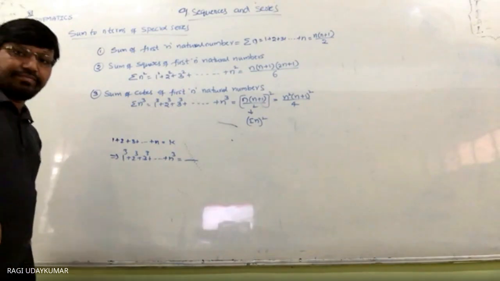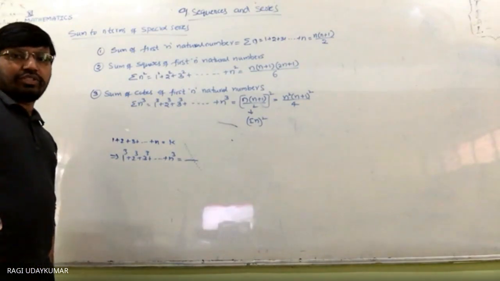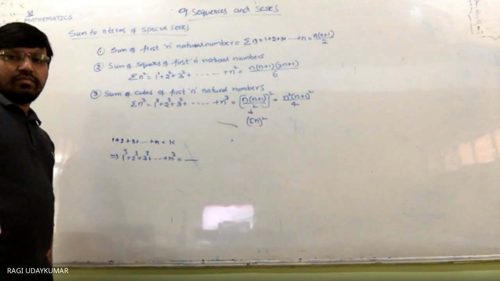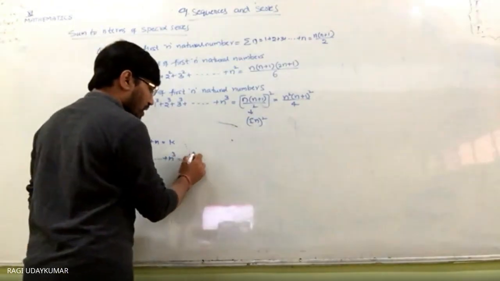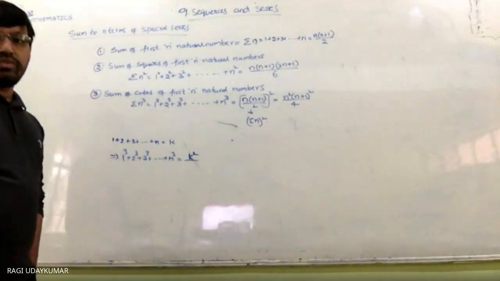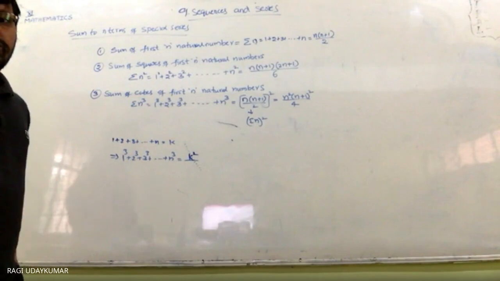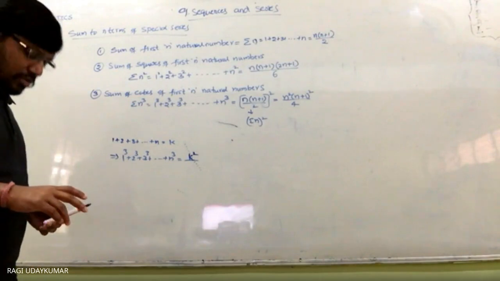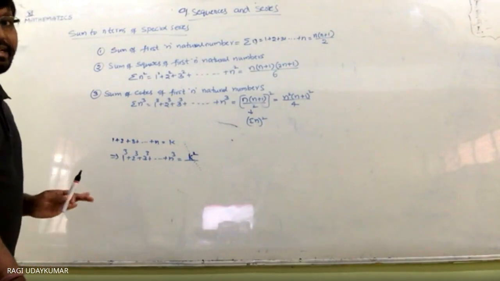Can anyone say the answer to this question? Sir, k square. Yes, you are going to get k square, not k cube. Most of the students get confused with this one, so concentrate a little bit on this.